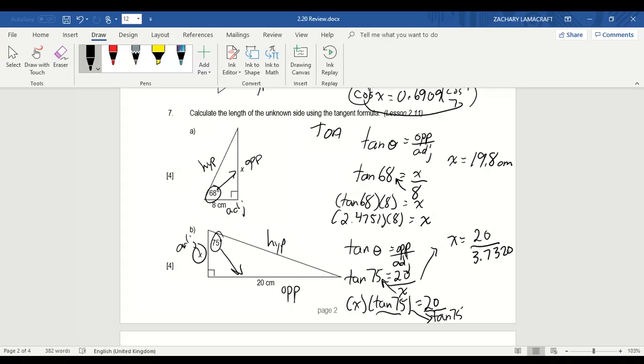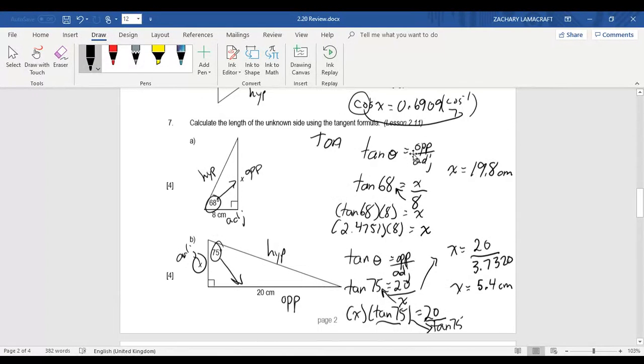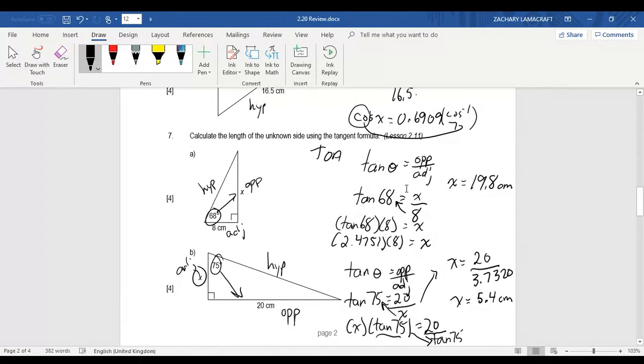If I divide 20 by 3.7320, I would get the answer of x equals 5.4 centimeters. Okay, it was 5.359, so we would round to 5.36, and if we go to the top, it would be 5.4. Okay, so once again, we've used the tangent formula two different ways.